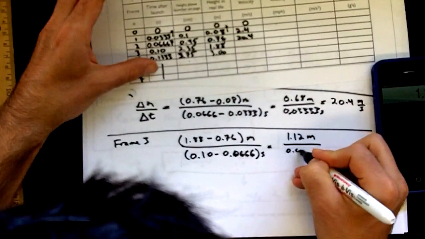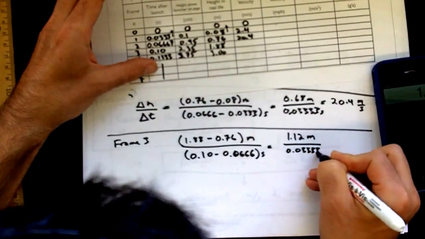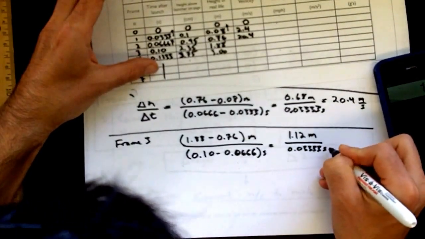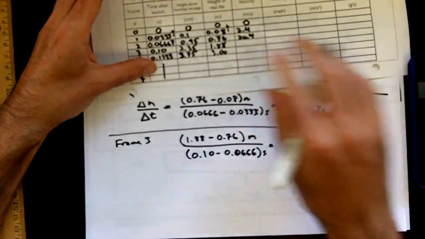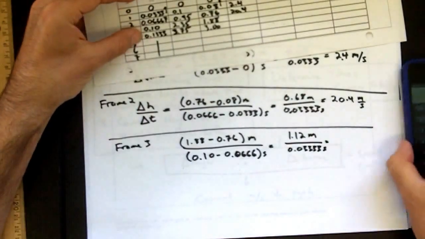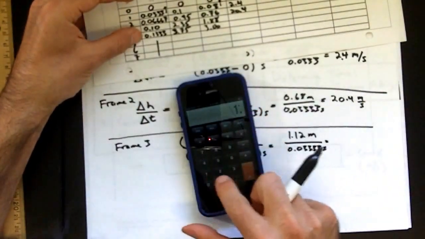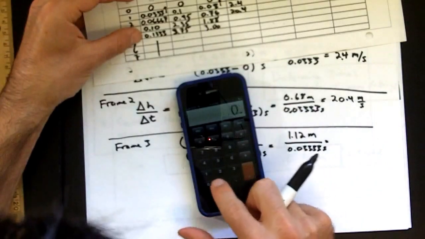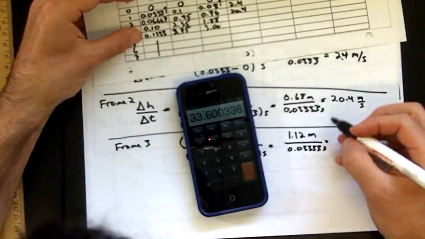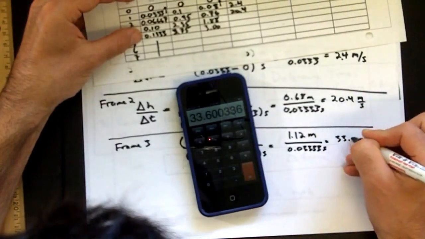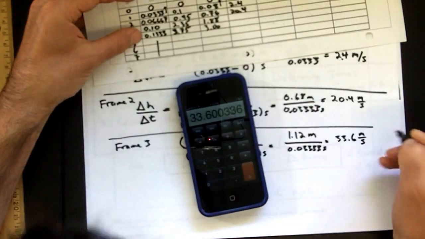And on the bottom, you'll notice a pattern here. It's always a 1/30th of a second in between these two frames because they're taken at intervals of 1/30th of a second. We can do this in our calculator. 1.12 divided by 0.03333, and we get 33.6 meters per second.